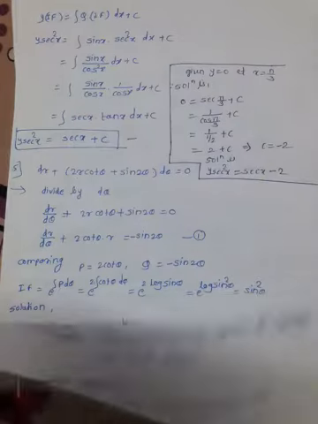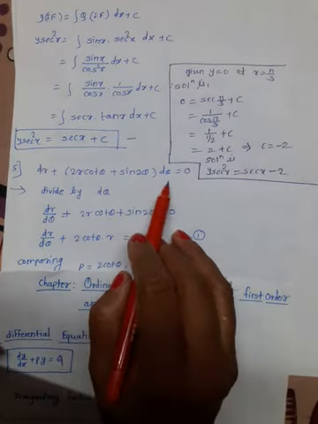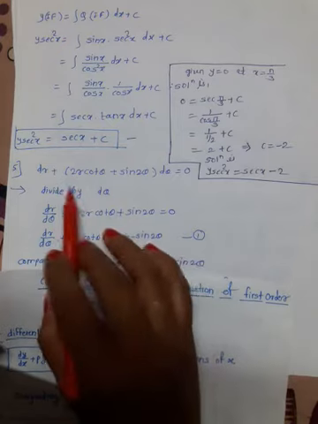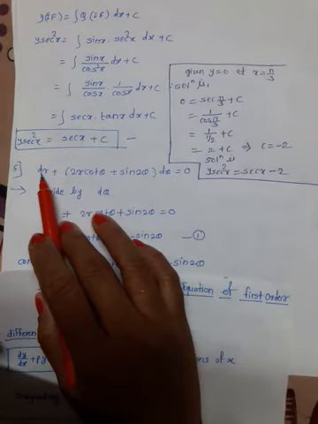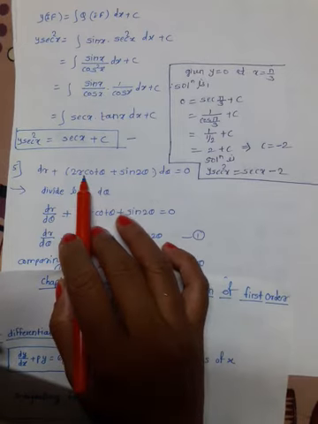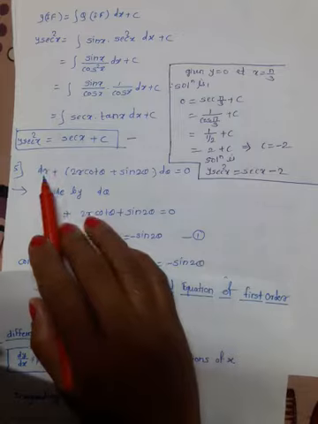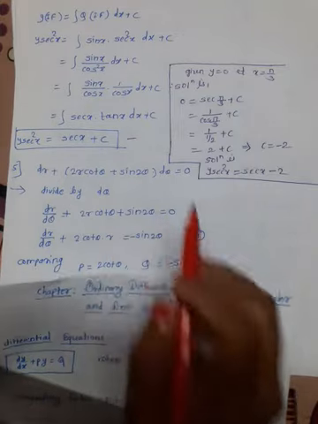Instead of y and x, the r and theta are there. We have to verify whether dr by d theta or d theta by dr we have to make. If you make d theta by dr, this coefficient bracket cannot come on the RHS side. That's why dr by d theta is the proper thing.